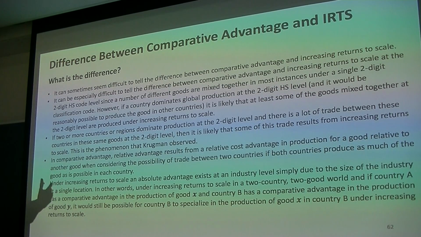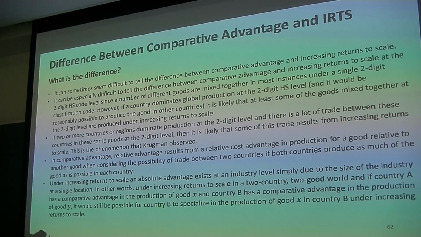At the 2-digit level, you really have a lot of different things going on. So if a country dominates global production at the 2-digit level, it's likely that at least some of the goods mixed together are produced under increasing returns to scale, quite possibly localized increasing returns to scale.